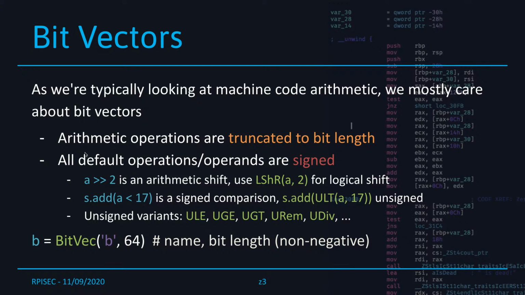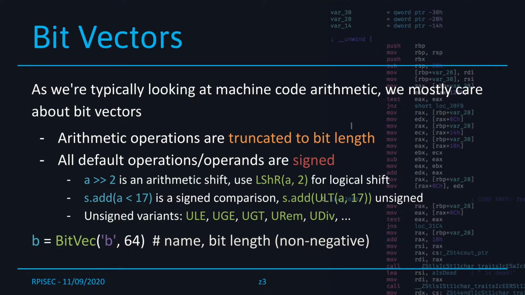Another thing to note here is that a lot of these operations are signed. So for example, when you do a comparison, like if you check to see if a symbolic variable is less than or greater than a concrete value, that's going to be a signed comparison. There are ways that you can do unsigned comparisons.